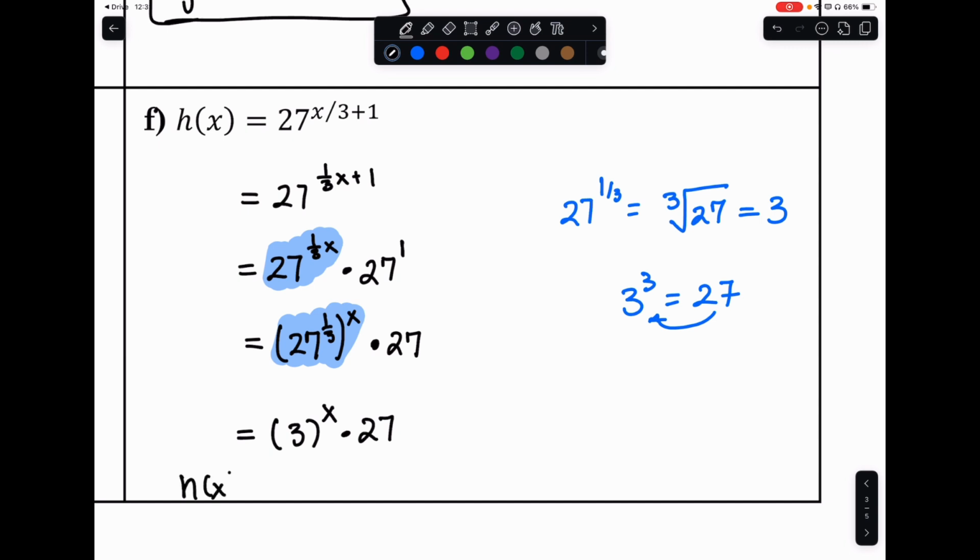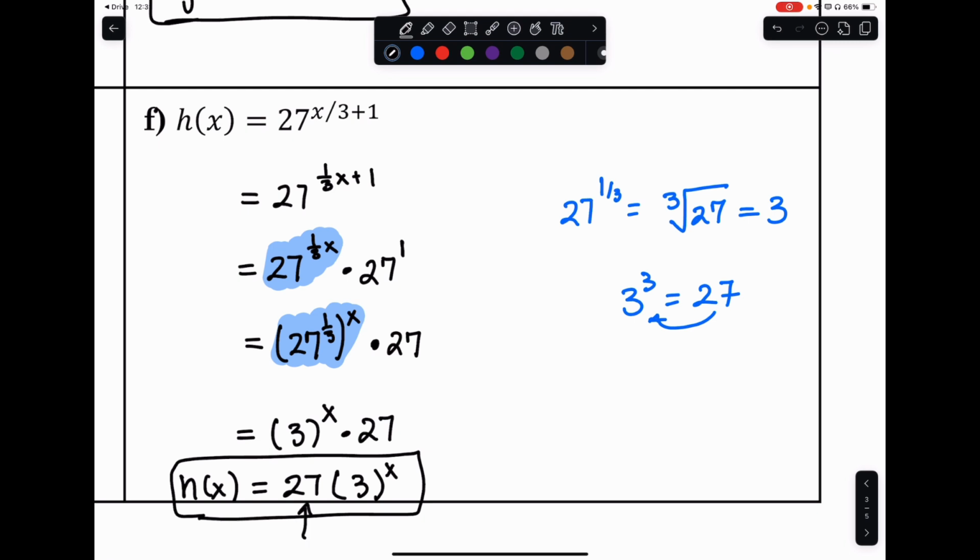And if I just rearrange this, I can put the 27 in the front and 3 to the x power in the back. And this is what the transformation will look like, where 27 is the y-intercept and my common ratio, my base, is 3.